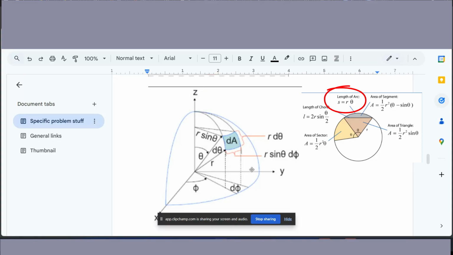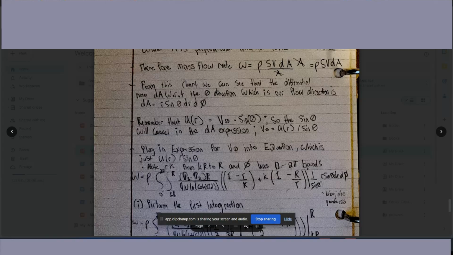So that kind of makes sense. The segments of the circumference of the individual circles make up the sides of dA. So that's why dA is r squared sine theta times d theta times d phi, which when you're just looking at it is kind of hard to conceptualize. So yeah, that's where that comes from.